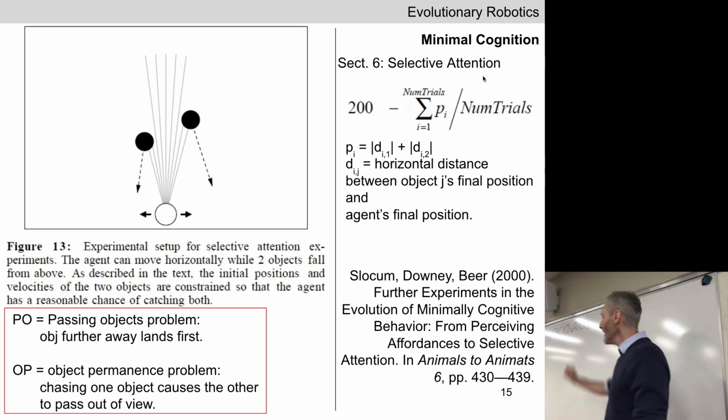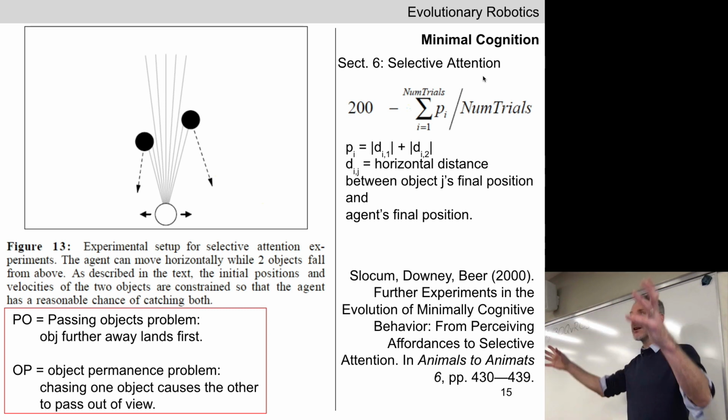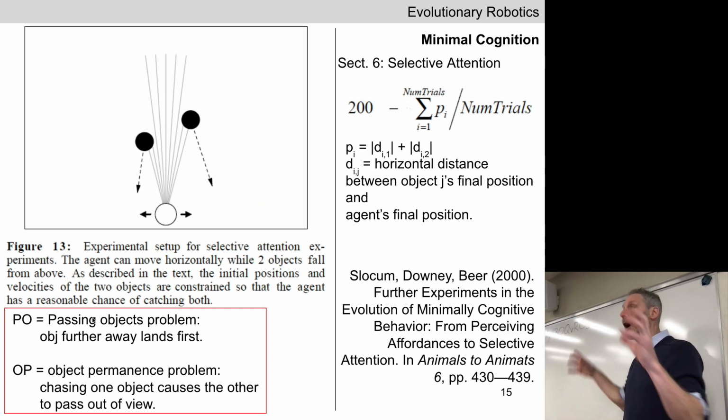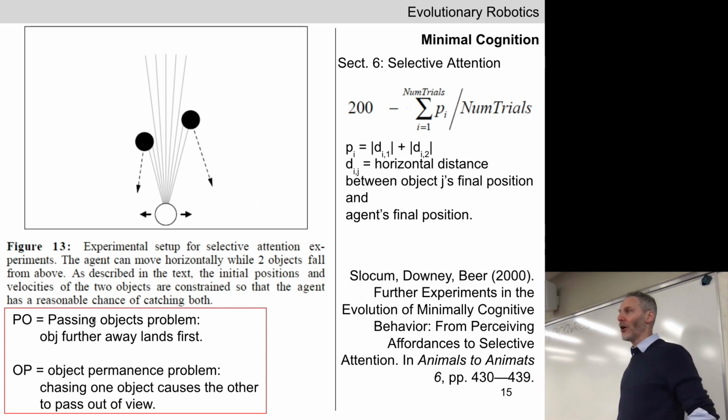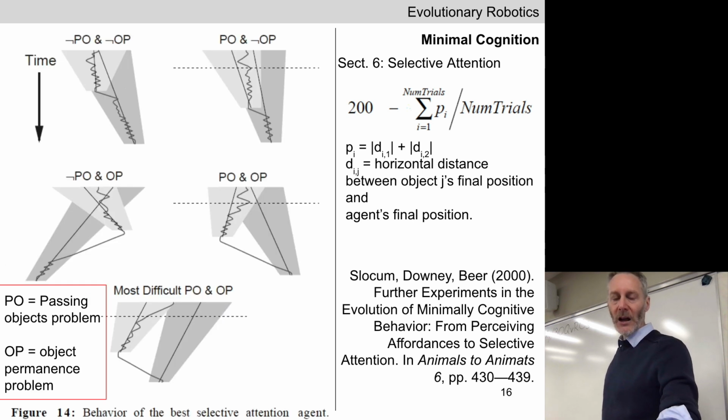Not easy. In the minimal cognition experiment, we can make these cognitive problems actually literal and watch the robot evolve the ability to solve them or not solve them. Make sense? Okay. All right.